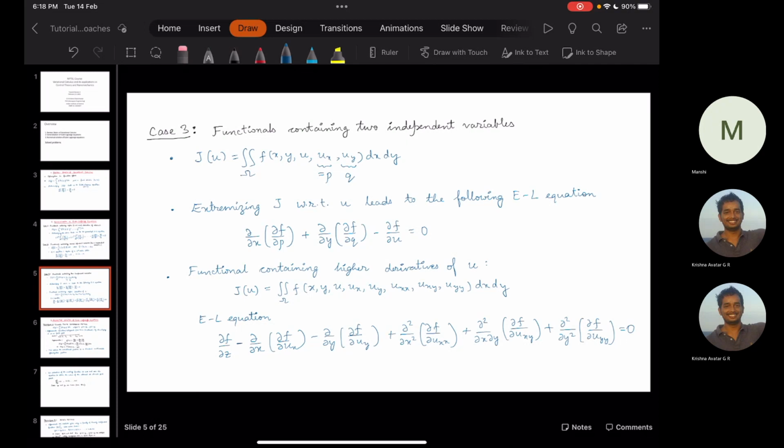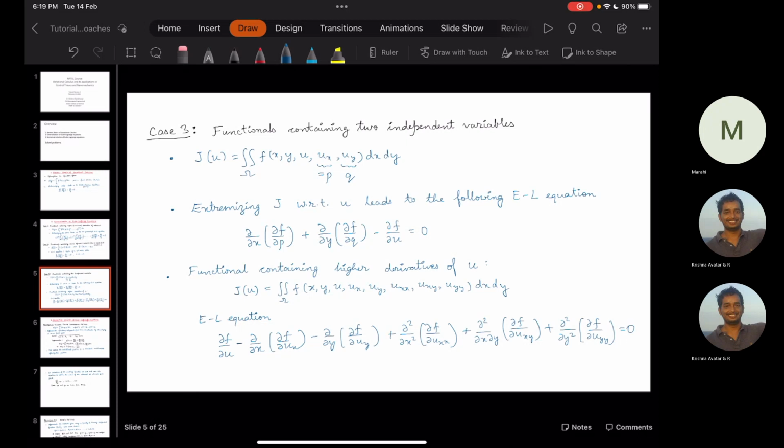The corresponding Euler-Lagrange equation is ∂f/∂u minus ∂/∂x of ∂f/∂u_x minus ∂/∂y of ∂f/∂u_y, plus the second partial derivative with respect to x of ∂f/∂u_xx, plus the second derivative with respect to x and y successively of ∂f/∂u_xy, plus the second derivative with respect to y of ∂f/∂u_yy, equals 0.